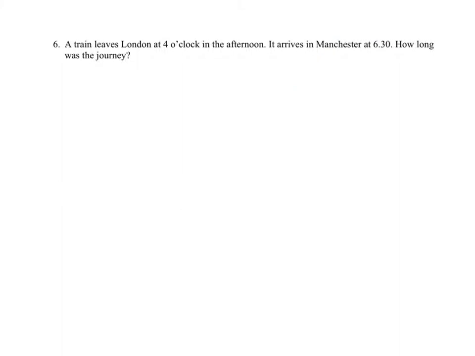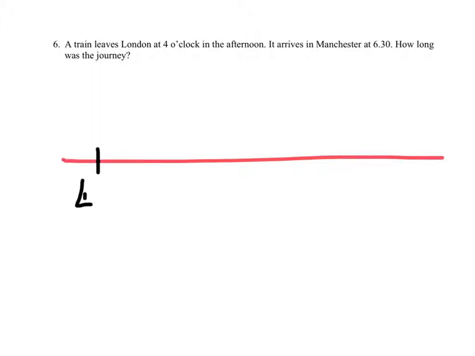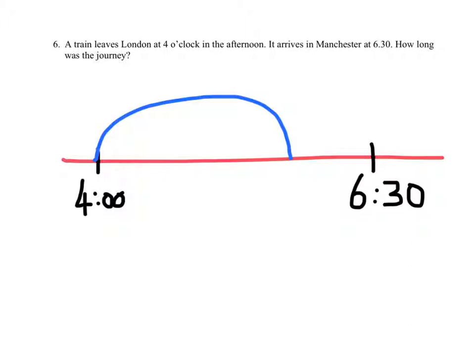The next problem is question 6. A train leaves London at 4 o'clock in the afternoon. It arrives in Manchester at 6:30, so we know the start time and the end time. We're trying to work out how long the journey was. So from 4 o'clock until 6 o'clock, we know was 2 hours.